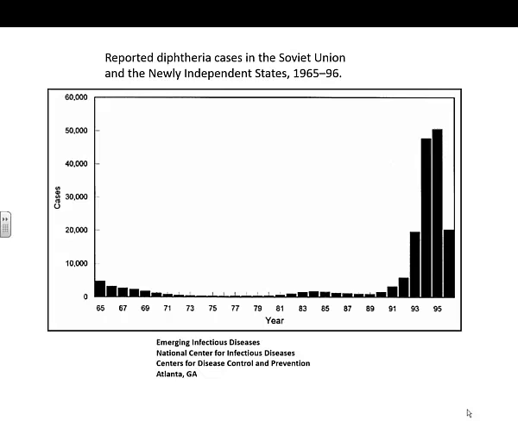This figure illustrates just how important vaccines for childhood diseases really are. Prior to 1989, the Soviet Union did a good job at immunizing all of its children against diphtheria. When the Soviet Union broke up and the newly independent states took over, there was a complete breakdown in the infrastructure which administered vaccines.